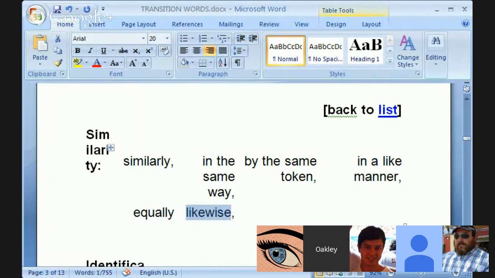Like, I work for the government, and in the same way, my friends gain money. It's a little bit awkward.